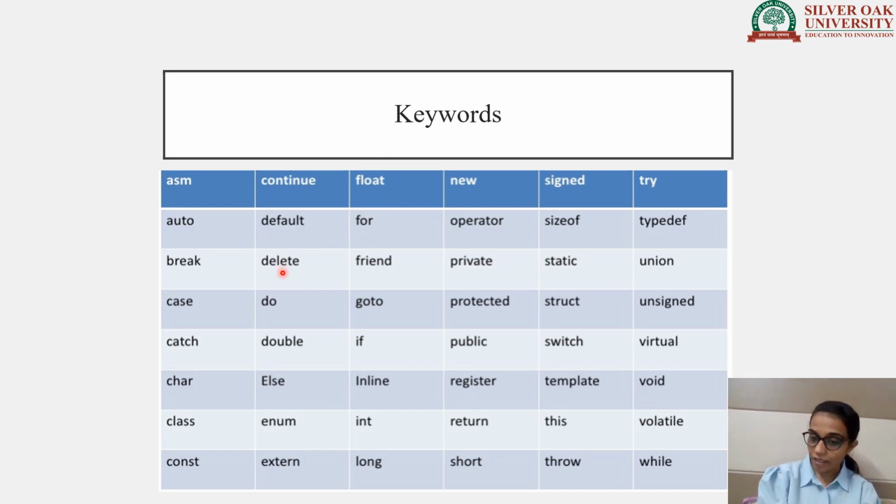Again I'm telling you, we can't use these words as our variable name. You have to remember these keywords and their meanings, because you will be using them for switch cases, characters, and so on in C++. So please remember at least these basic keywords, to use them further and not to use them as your variable name.